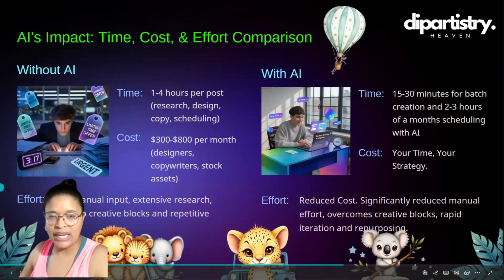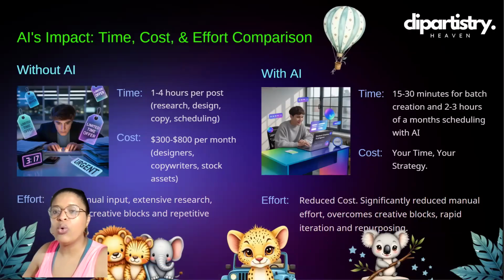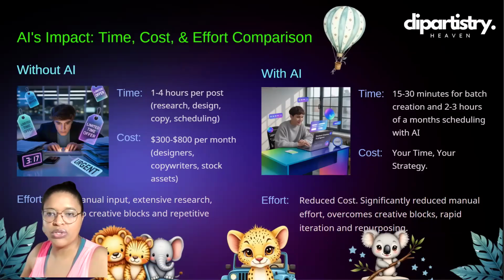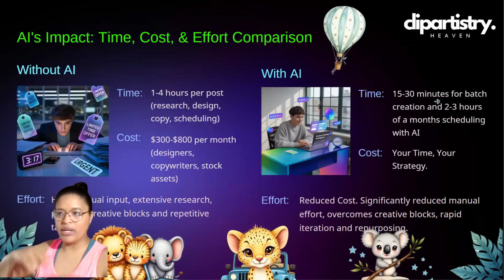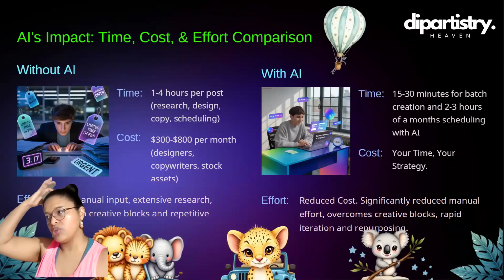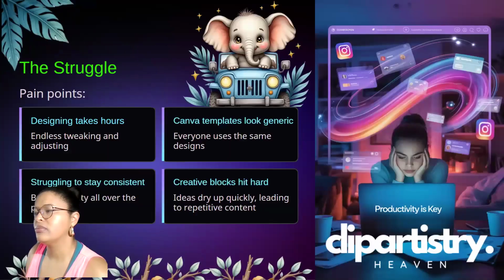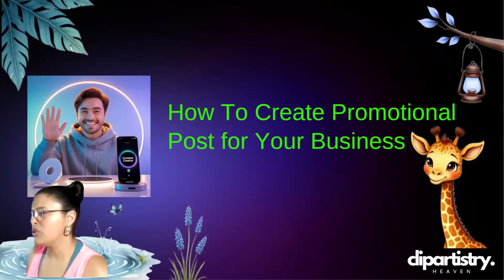Upwork, Fiverr, you can get these people to do it for you. Or you can utilize your time better, do it for yourself until you've got budgets and allocations and the money to get help. Okay, so very labor intensive if you want to go the Canva route, or you can use AI and reduce the labor intensiveness.